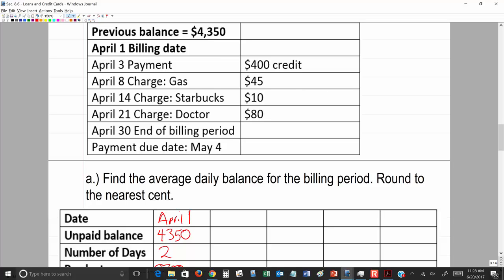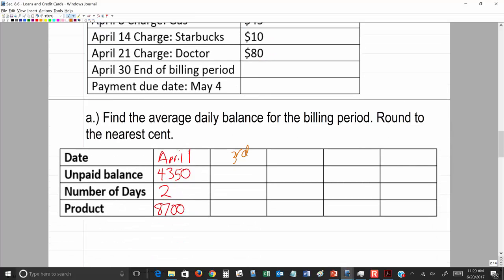On April 3rd, you make a payment for $400. So subtract $400 from that balance. $43.50 minus the payment of $400 gives you $39.50.